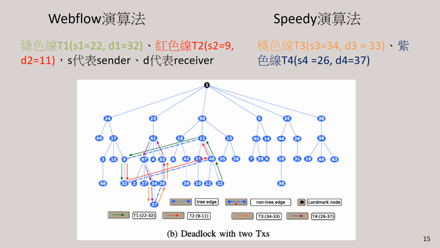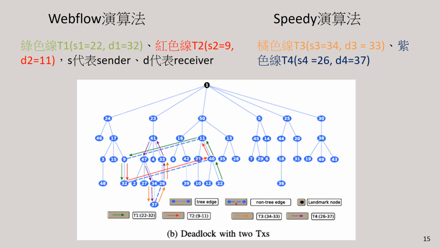Let's assume there are two transactions being processed: T1, green line, and T2, red line. Here S represents the sender and D represents the receiver. Each payment is 1 unit, and each edge has a capacity of 1 unit.